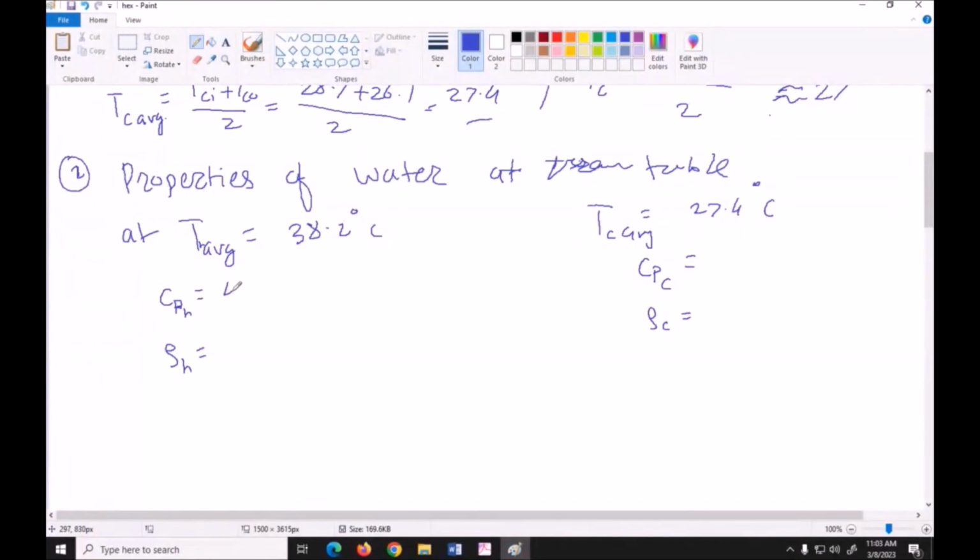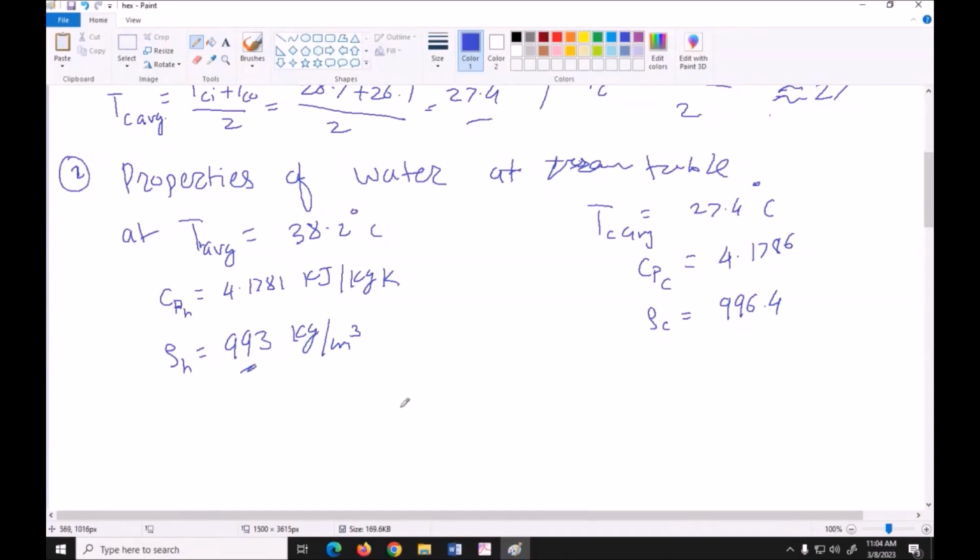Specific heat of hot water is 4.1781 kilojoules per kilogram Kelvin, and density is 993 kilograms per meter cube. At 27, it is 4.1786. See, higher temperature, lower specific heat, and lower temperature, higher specific heat, and density is more, 996. Cold water is heavy and hot water is light.